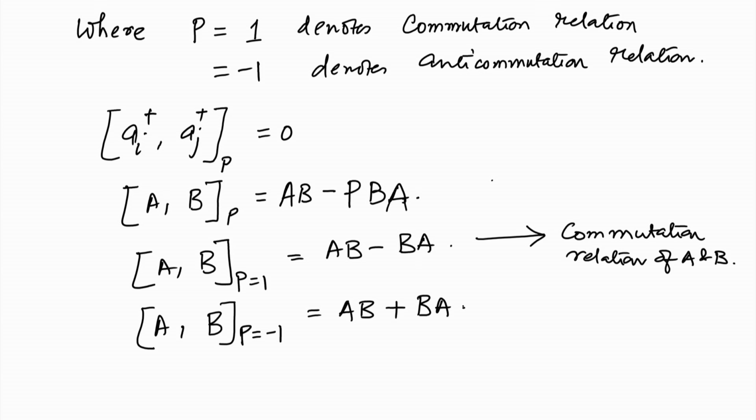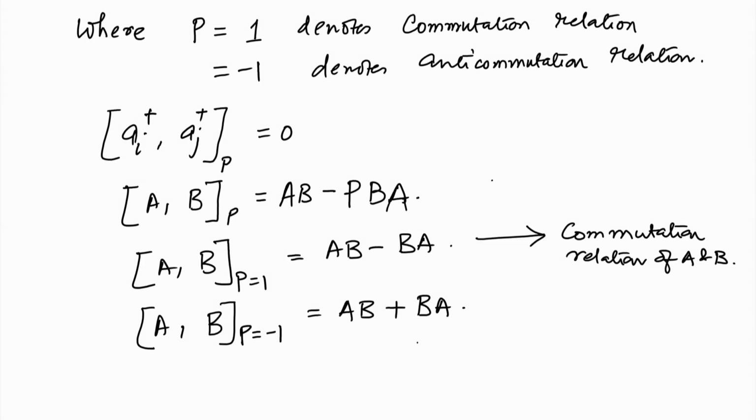If this commutator is equal to 0, then we say that these two operators commute, and when two operators commute, it is usually correct that they have the same set of eigenfunctions, they have common eigenfunctions, and if they do not commute, then that does not hold. And this is the anti-commutation relation.